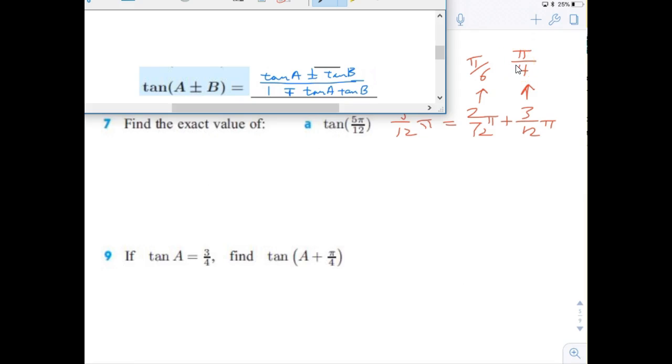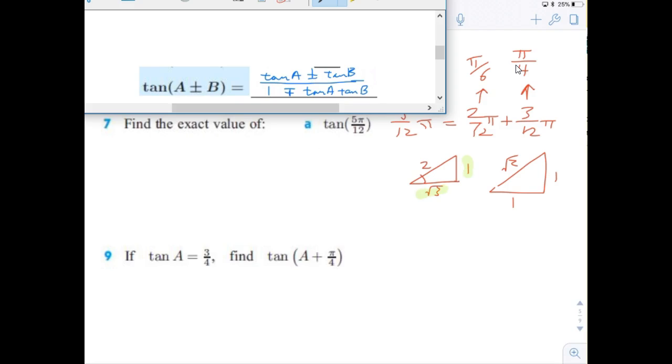So I'm just going to draw little triangles to represent, for example, pi over 6, which is 30 degrees. The proportions on this right triangle are 1, 2, and square root of 3. And for pi over 4, which is 45 degrees, the proportions are 1, 1, square root of 2. So when we find the tangent of 30 degrees, it would be 1 over square root of 3.